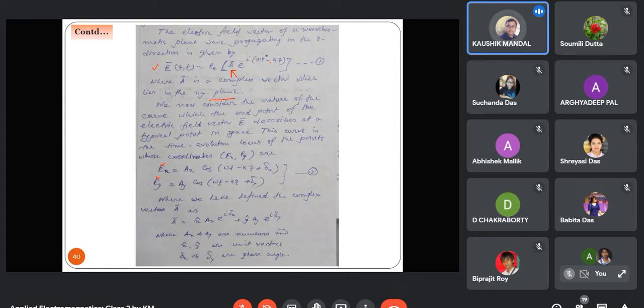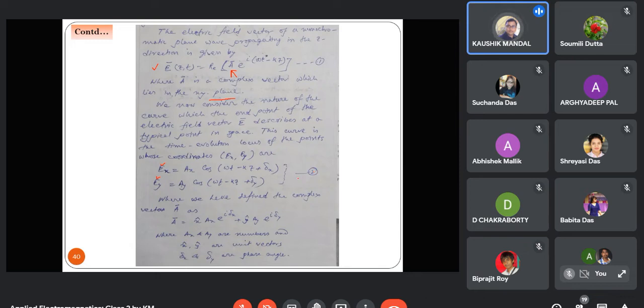E to the power i theta, if you expand it, you can write it in terms of cos theta and sin theta. So you can directly write the X component of the electric field vector, Ex equal to Ax cos(omega t minus kz plus delta x), and Ey equal to Ay cos(omega t minus kz plus delta y).